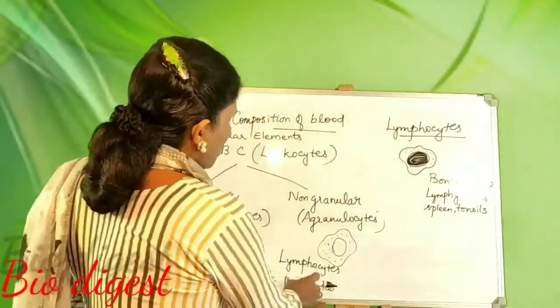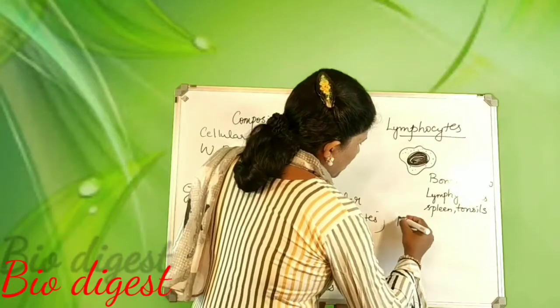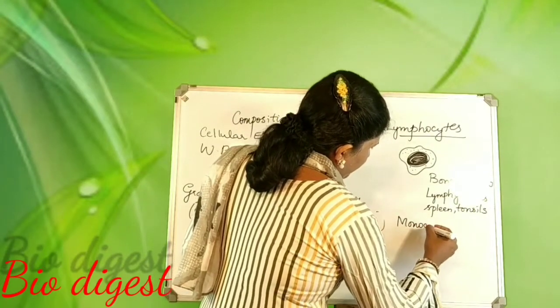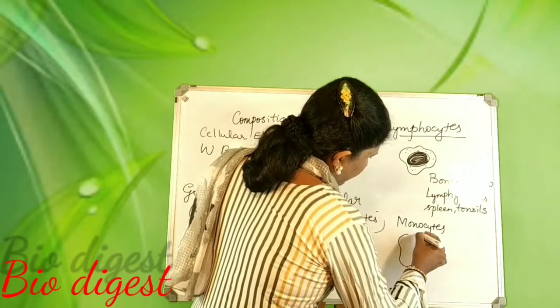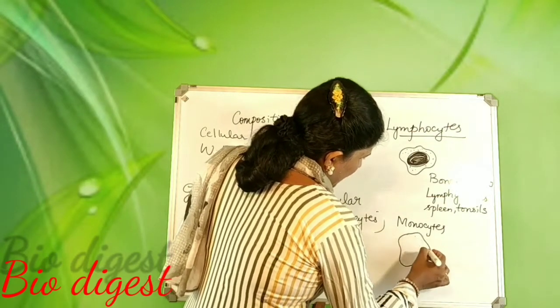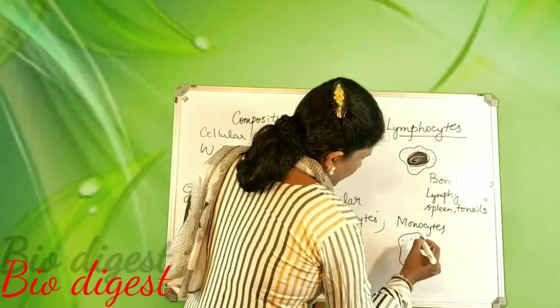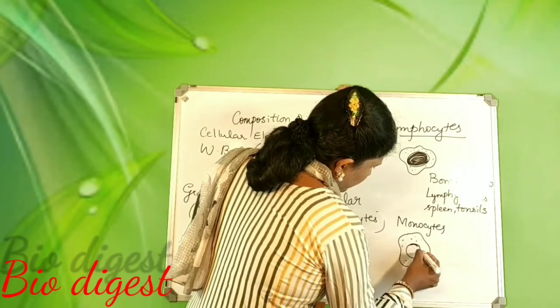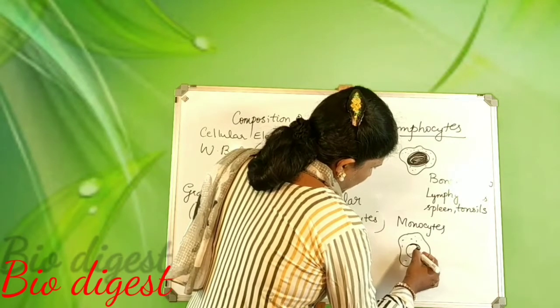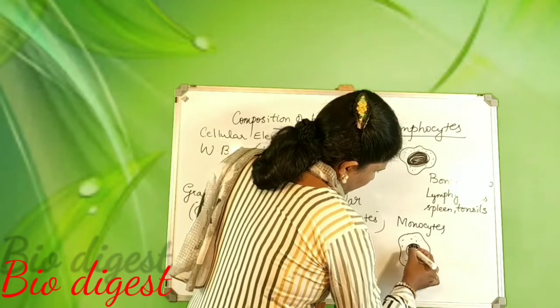Now coming to monocyte. Monocytes have a peculiarity. The cytoplasm, I am showing the cytoplasm. They have a kidney-shaped nucleus or bean-shaped nucleus. Okay.